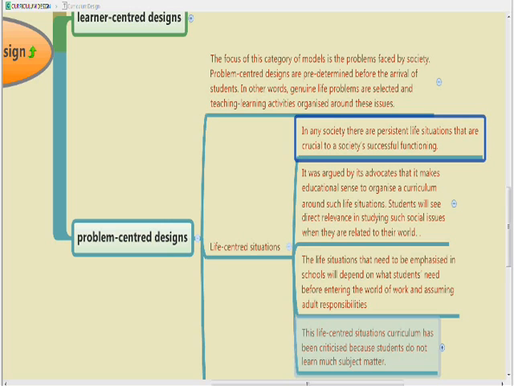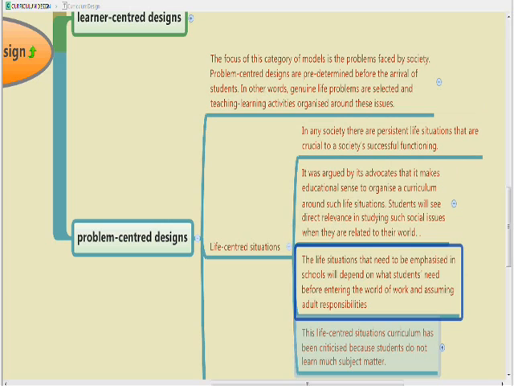Students will see direct relevance in studying such social issues when they are related to their world. The life situation that needs to be emphasized in schools will depend on what students need before entering the world of working and assuming adult responsibility.